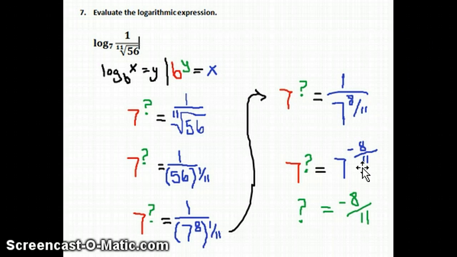And that's where we use the one-to-one rule, where if these base numbers are the same, which is 7, so they're both 7, then the exponents are equal to each other. So therefore the mystery power is negative 8 over 11. So 7 to that power equals 1 over the 11th root of 56.